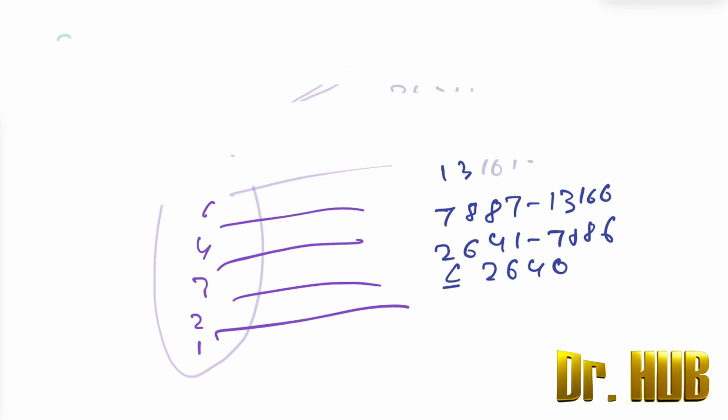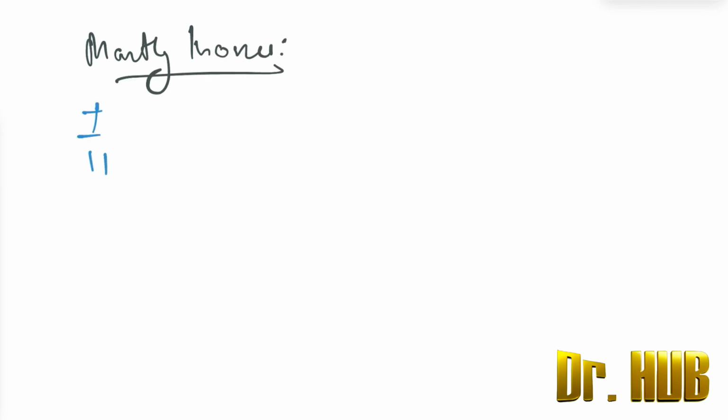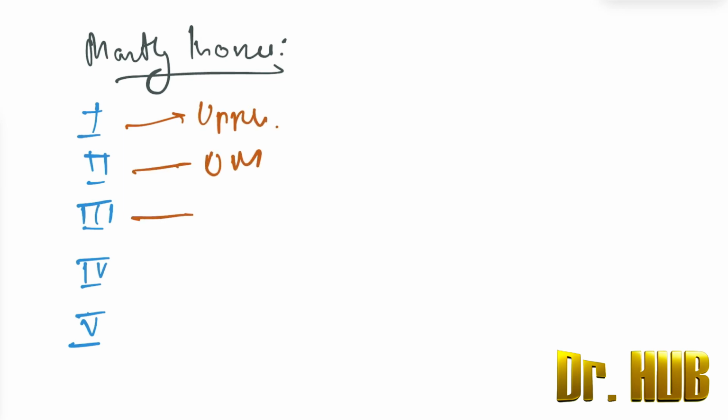Let's look at the socio-economic class, which has five categories: upper, upper middle, lower middle, upper lower, and lower.